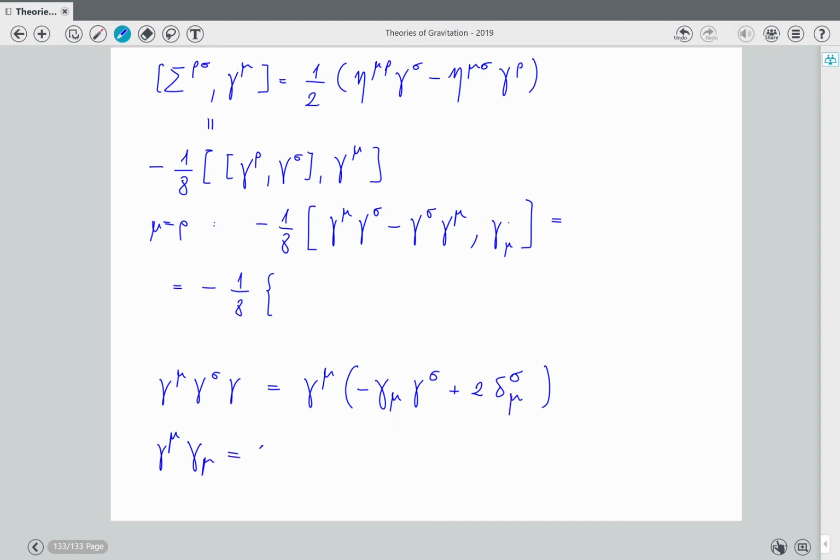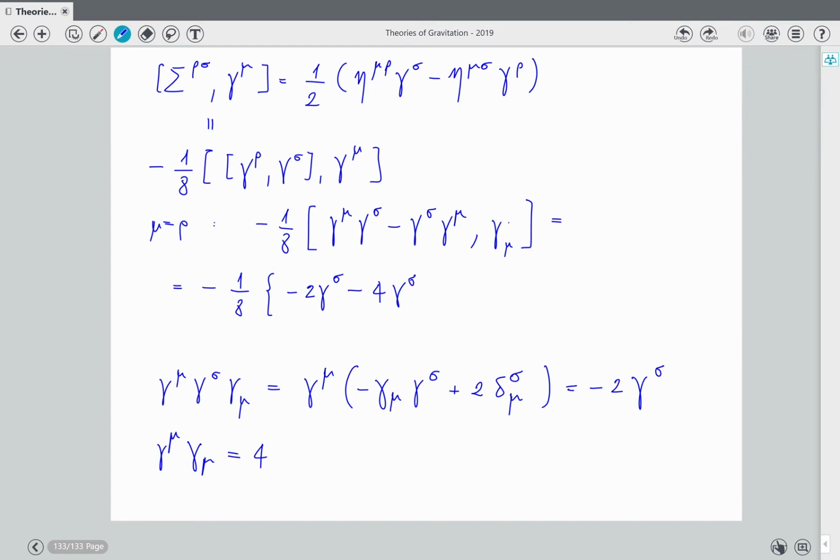And this is 4, that you can check. So minus 4 plus 2, that is minus 2 gamma sigma. So the first object is minus 2 gamma sigma. Then you have minus 4 gamma sigma.